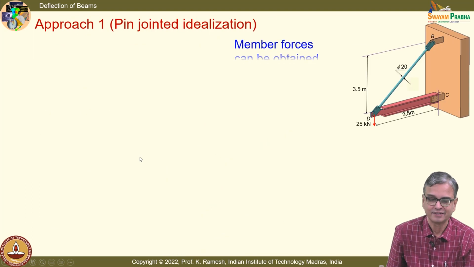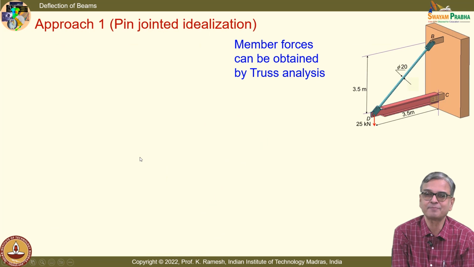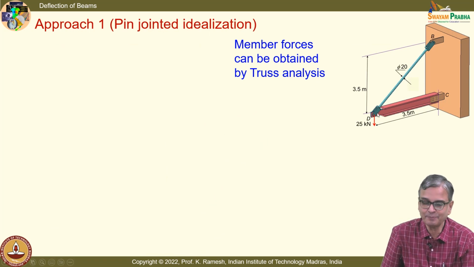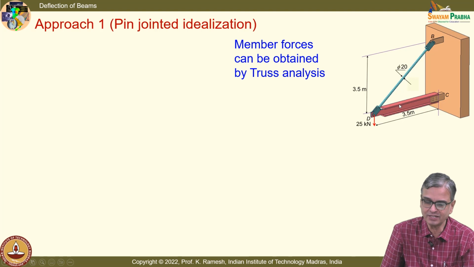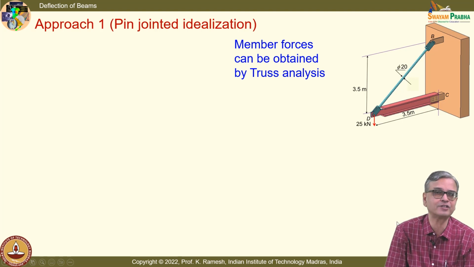Fine. The member forces can be obtained by truss analysis, because you have only one pin joint. Isolate this pin joint and you have this load given as 25 kilonewtons. You can also treat this as length L, and this is also L. So, when these two are equal, this angle is 45 degrees. So, you have all the essential information to find the forces acting on it.